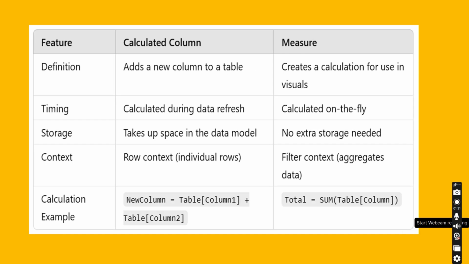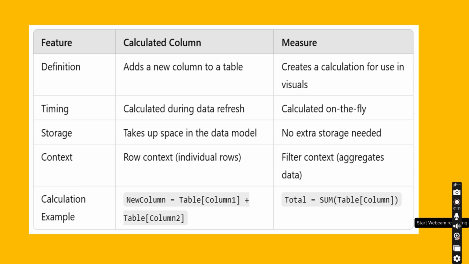So let's move toward the exact difference between the calculated column and the measure. A calculated column we can create for values for each row in a table. A measure is a dynamic calculation based on the filter context.